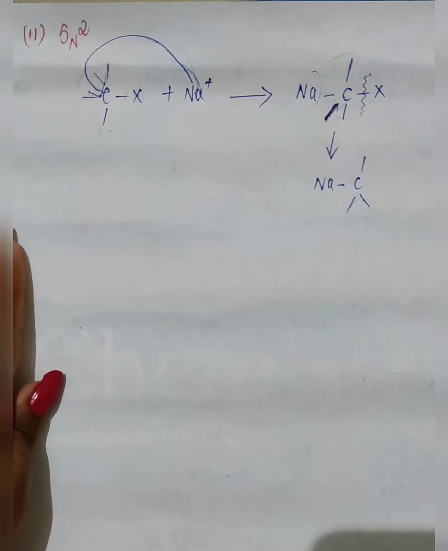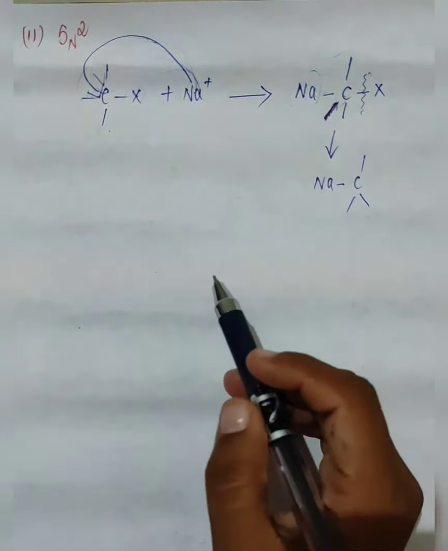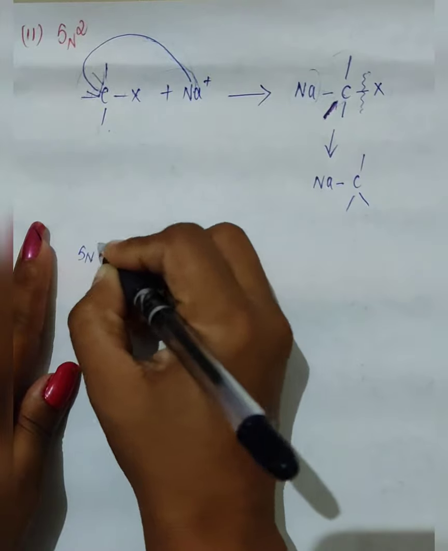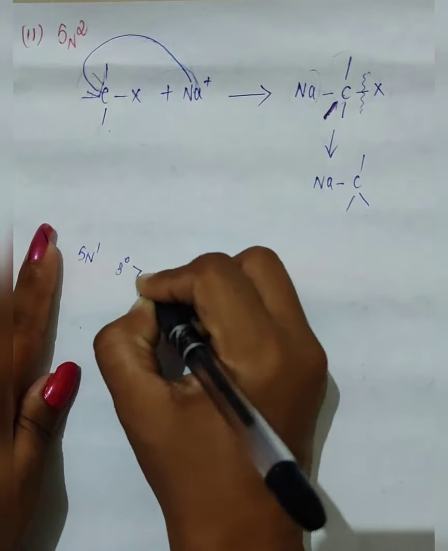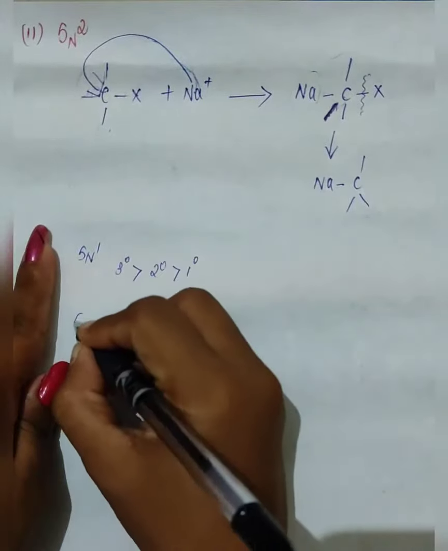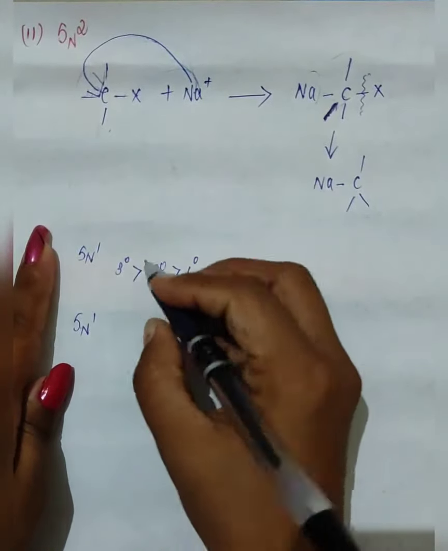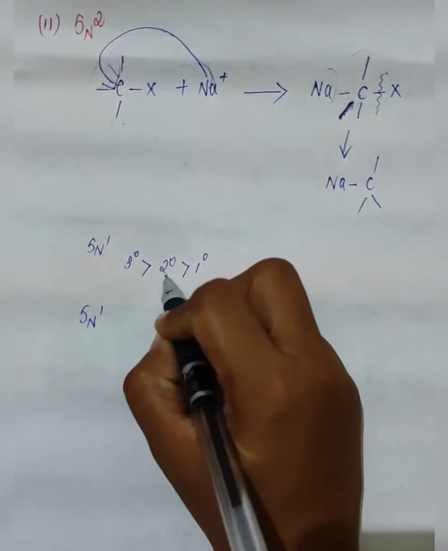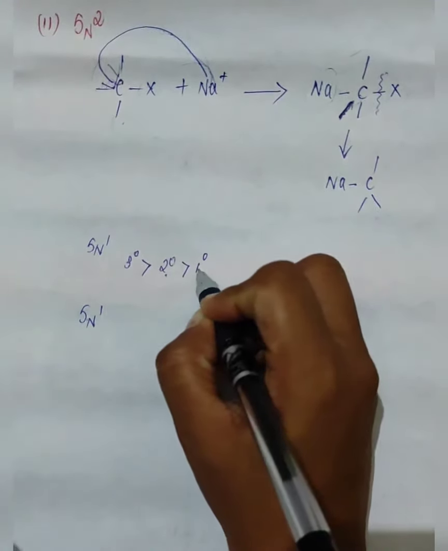Even in this case, the more the number of alkyl groups, the more the attack of the nucleophile will be hindered. So the lesser the number of alkyl groups, the more easily the nucleophile will attack. In SN1, we saw that 3 degree is more stable, followed by this. Now in SN2, in 3 degree, 3 alkyl groups are present, in 2 degree, 2 alkyl groups, and in 1 degree, 1 alkyl group.